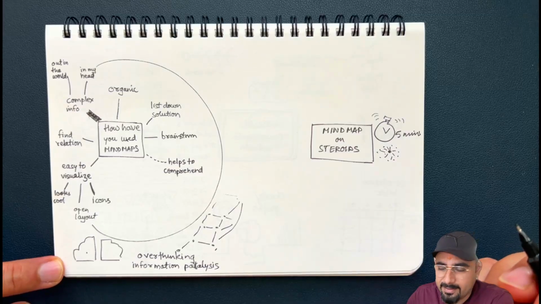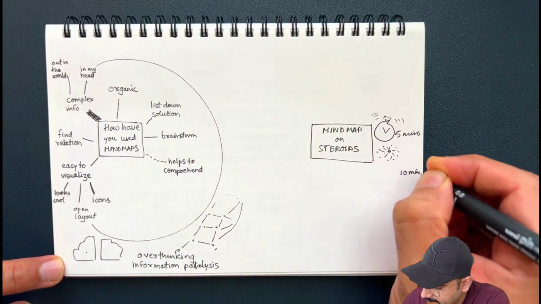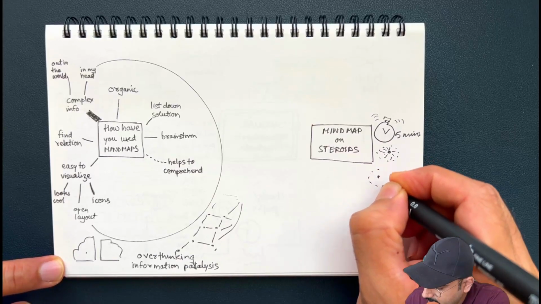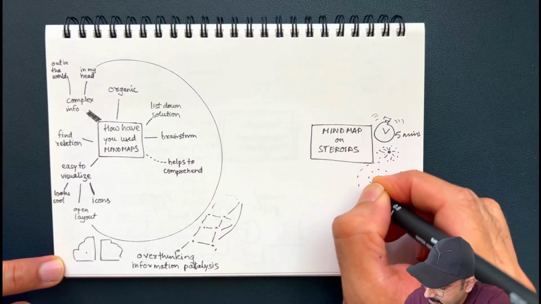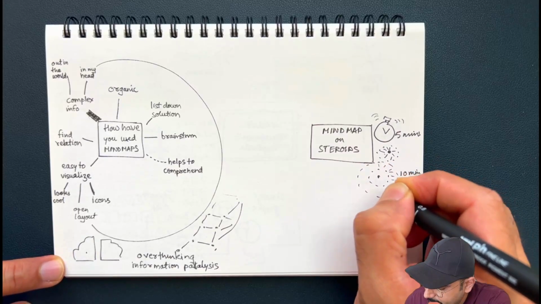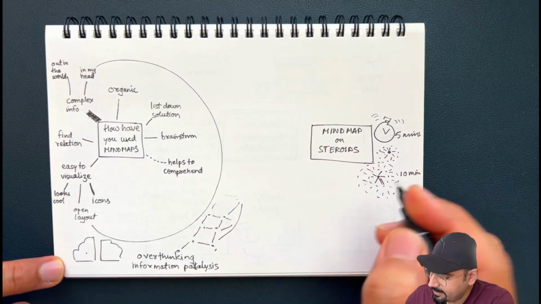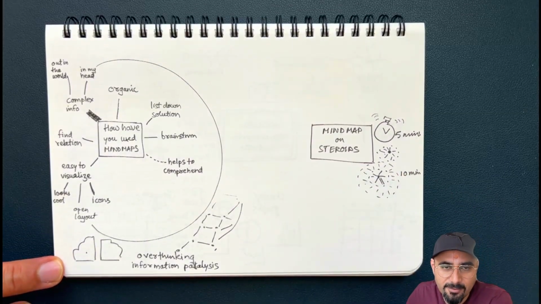And then we say that we are going to spend 10 minutes on the second level of ideas, and we will place all the ideas in this circular fashion only, right? So it creates a hub and spoke model.